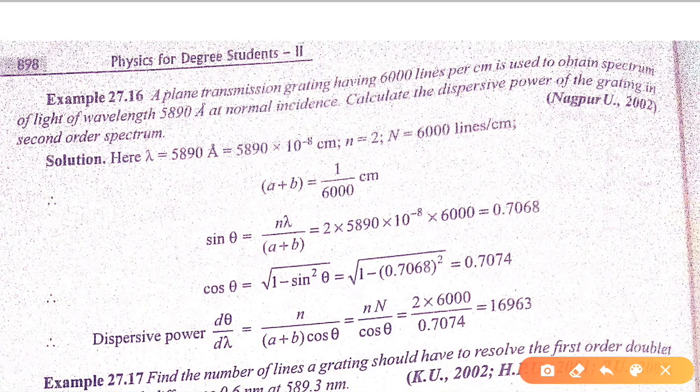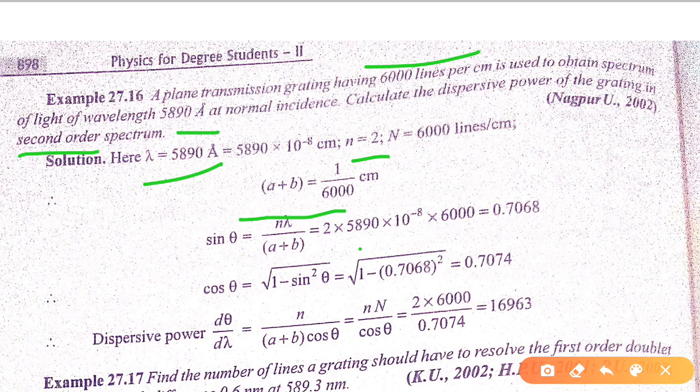Here lambda is given as 5890 angstrom, at normal incidence, and having 6000 lines per centimeter, means a plus b equals 1 by 6000 centimeter, because 1 by N is the number of lines per centimeter. The order is the second, that is n is equal to 2.